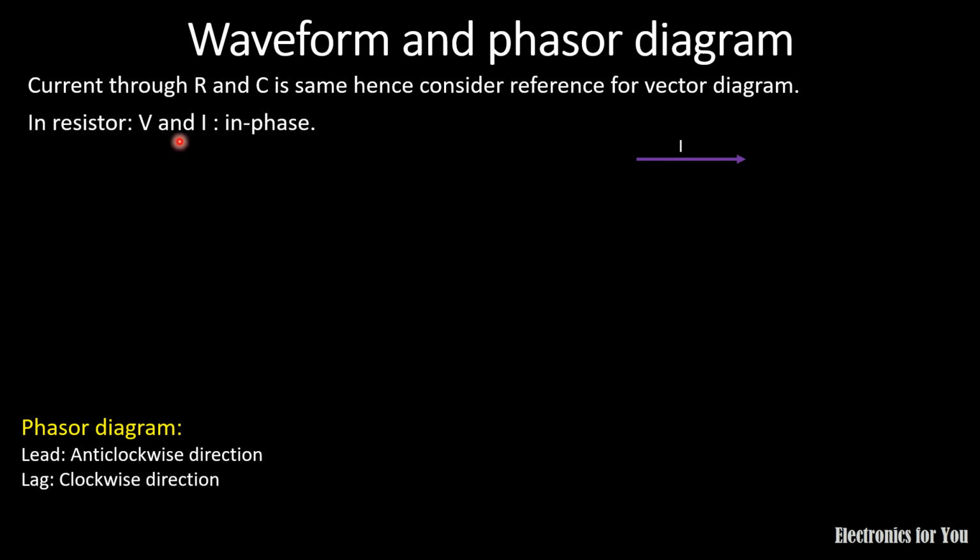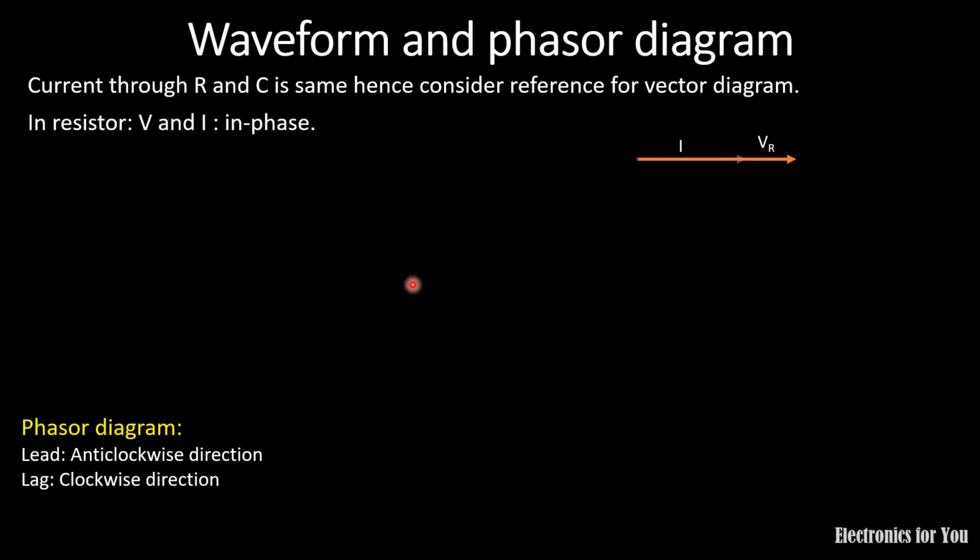And in resistance, voltage and current are in phase. So if they are in phase, there is no phase difference. It means that the axis of current and voltage will overlap each other. So the voltage across resistance is in phase with the current, and it can be drawn like this.